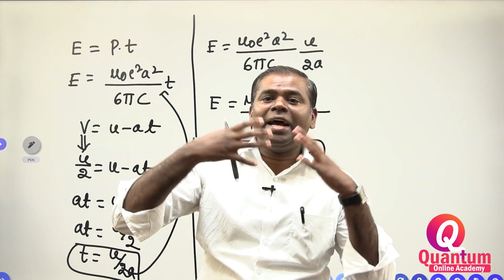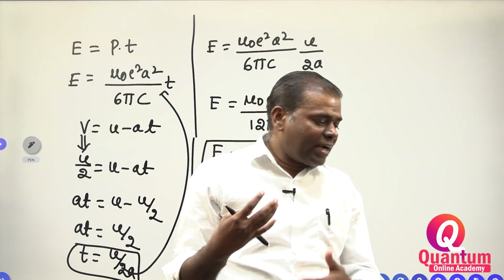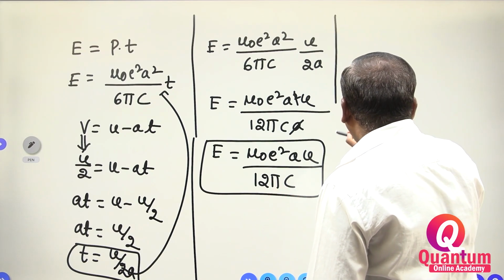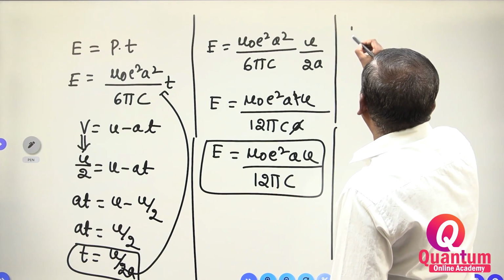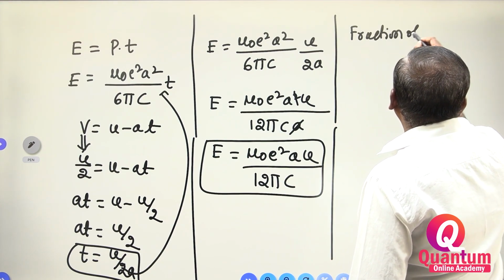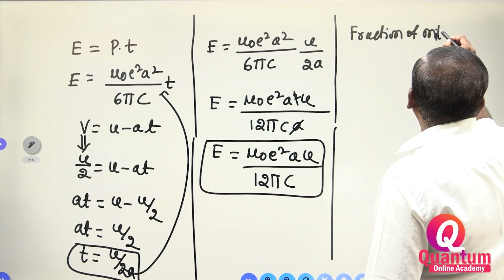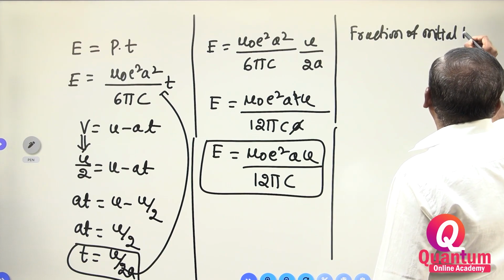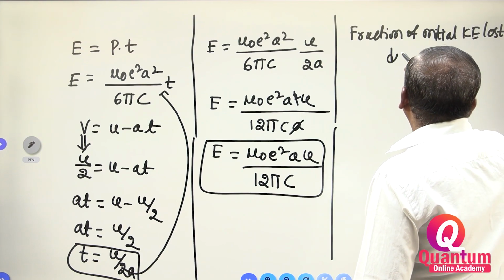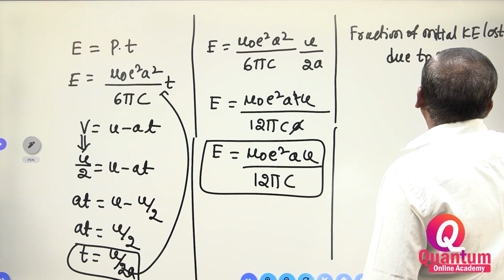How much of the energy is lost? The fraction of initial kinetic energy lost due to radiation, we have to take that.